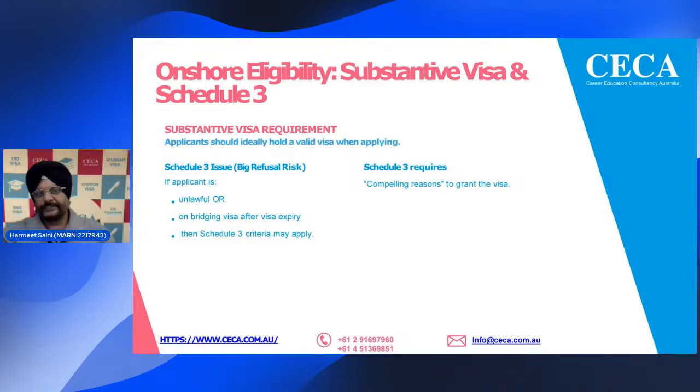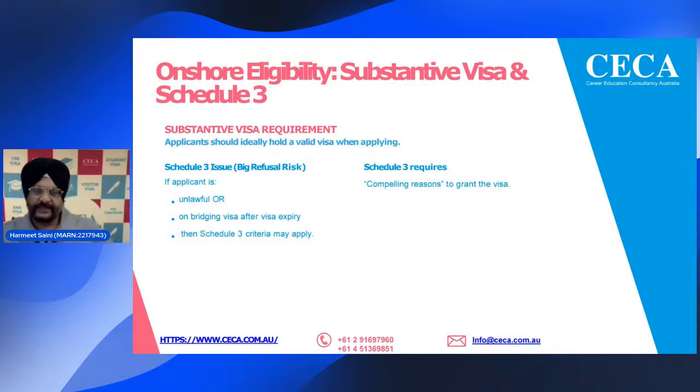So eligibility, as I said: if you're not holding any visa, or if you were previously on a bridging visa for any other application while lodging the partner visa application, then you definitely need to specify the Schedule 3 criteria.